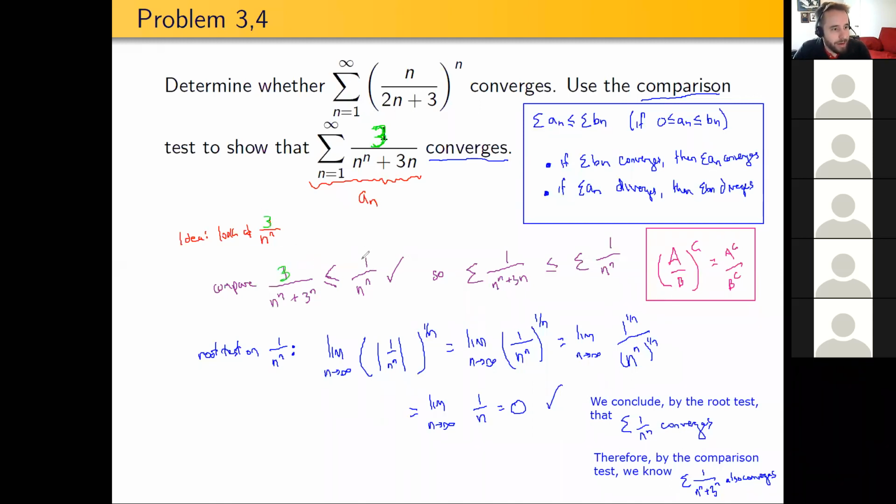We would have gotten the correct comparisons all the way down. And in the end, 3 over n would have gone to 0 just as easily as 1 over n went to 0. There wouldn't have been a major difference there.